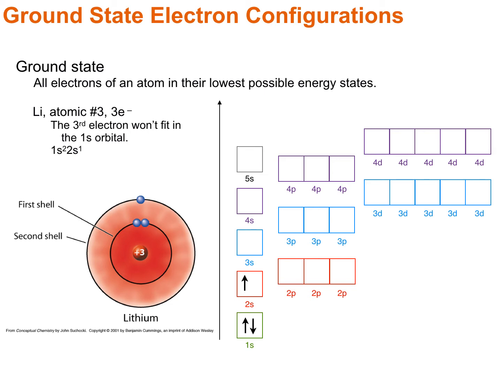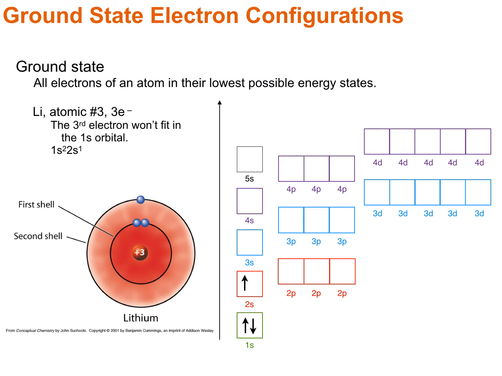And just so you can see what's going on with the lithium atom, on the left-hand side, I have a very simplistic picture of the lithium atom. You'll notice in the center I have a +3. That's indicating that lithium has 3 protons. And the first shell, the n equals 1 shell, can only hold 2 electrons because the n equals 1 shell only has a 1s orbital.